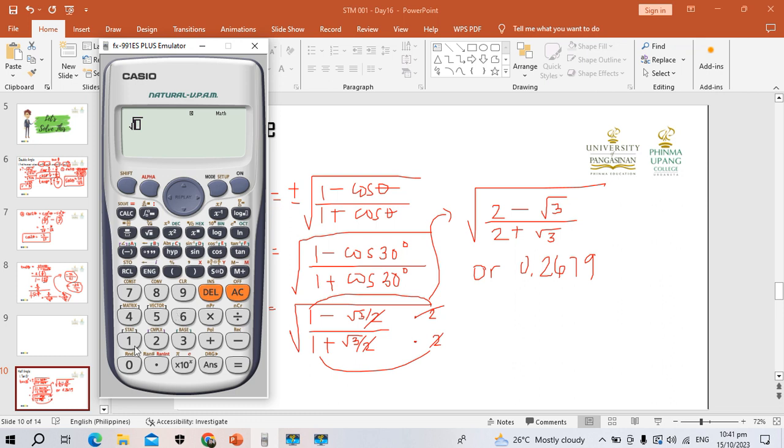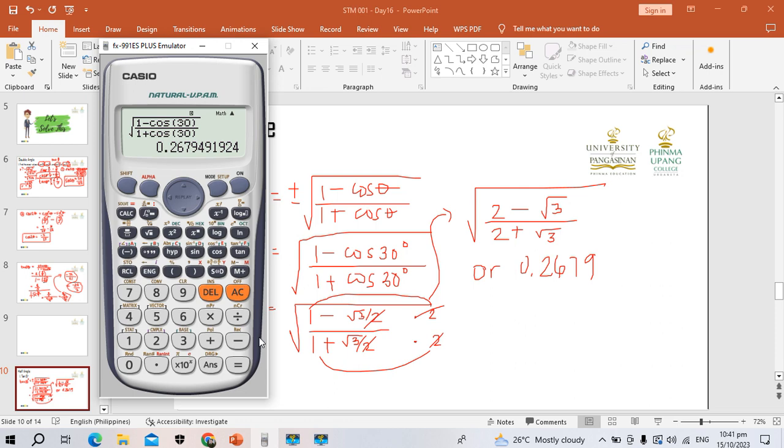Fraction muna, and then square root, tas fraction 1 minus cos 30, tapos 1 plus cos 30 degree. Kung parehas yan, ganito na lang gawin ninyo. Yeah, it's the same.